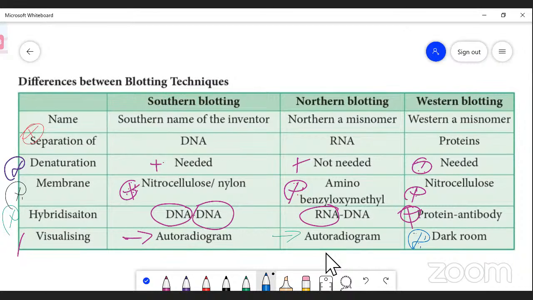So these are all the comparisons between southern blotting, northern blotting, and western blotting. My dear students, it is very important to write the comparison between blotting techniques. If it is asked, just make a tabulation. The first one is separation, second is denaturation, third is membrane, fourth is hybridization, and next is visualizing, right?